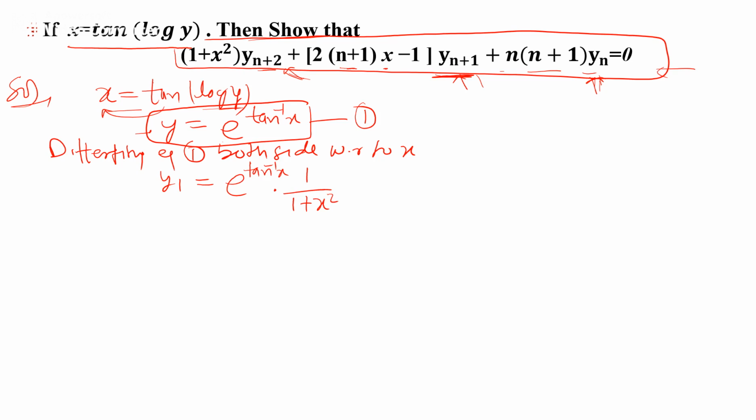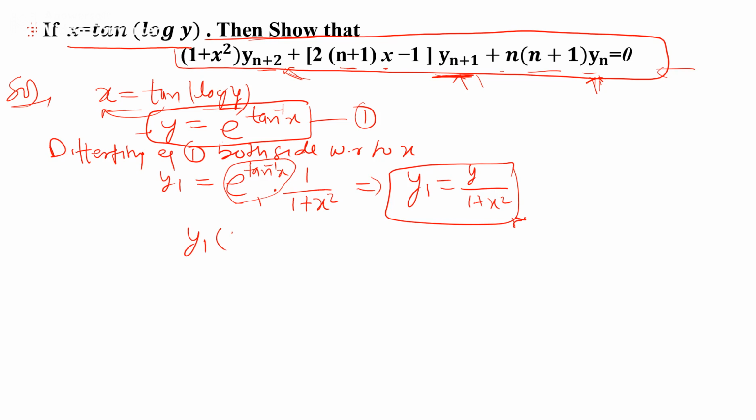Now e power tan inverse x, from equation 1, is y. So y1 equals y upon 1 plus x square, or we can write the equation (1 plus x square) y1 equals y. Take this as equation 2.